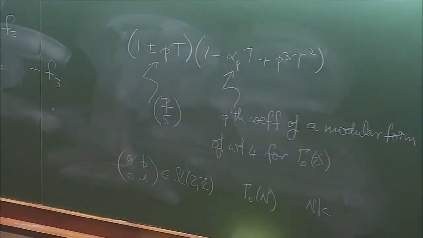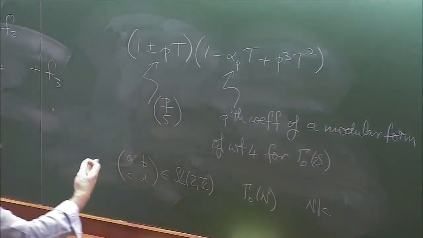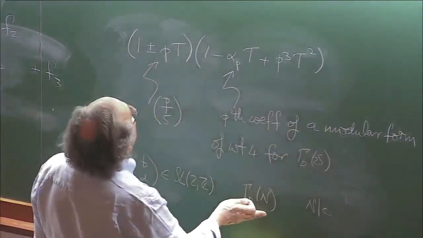Such things form a group. So there's a modular form of weight 4 for this group.